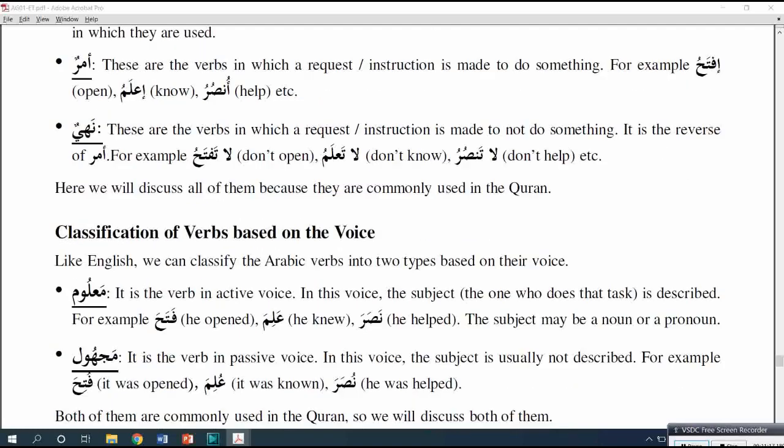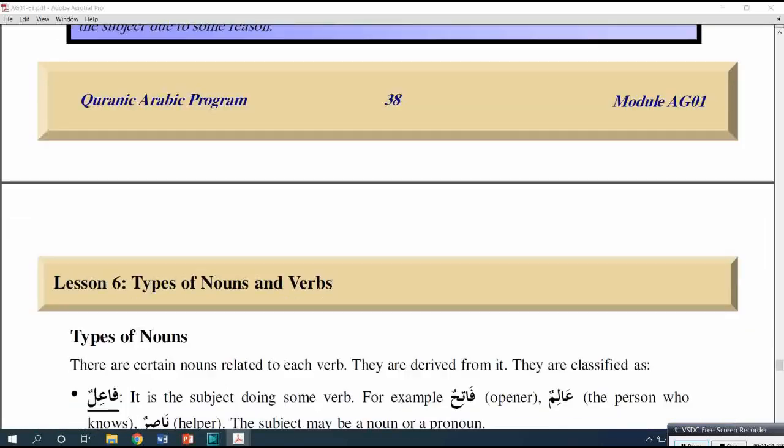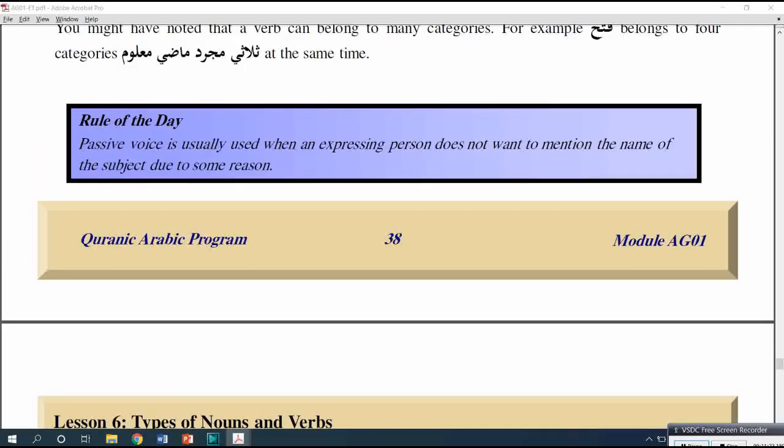I will come later, but the rule is that passive voice is usually used when the speaker does not want to mention the name of the subject for some reason, perhaps because he might already know it. For example, he said that he was killed, but he is not giving the name of the person who killed.